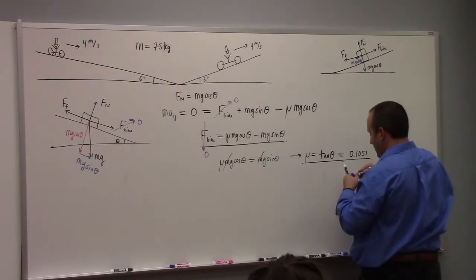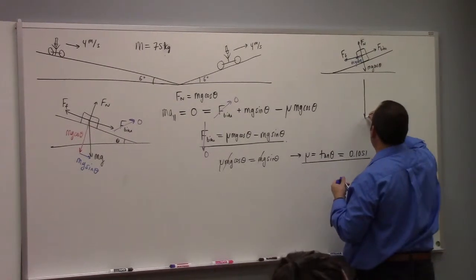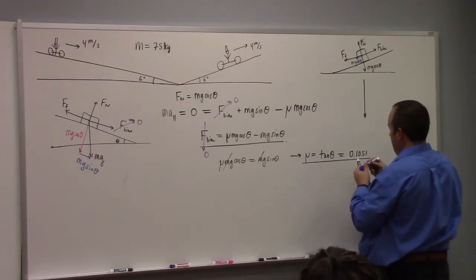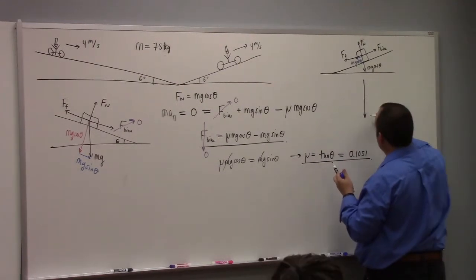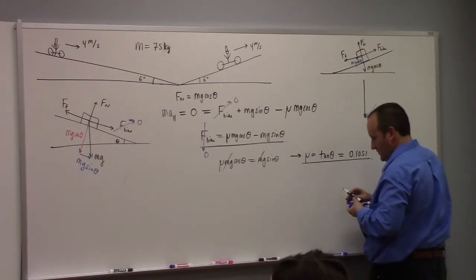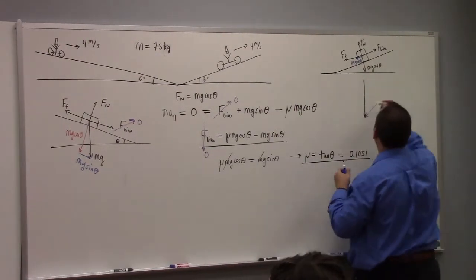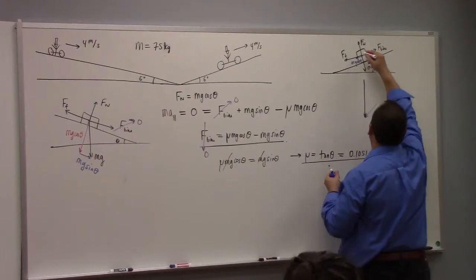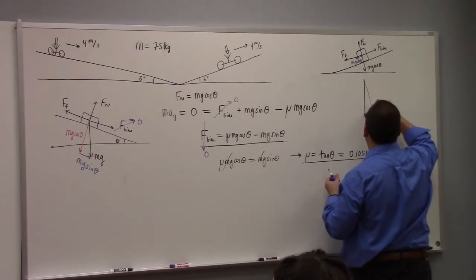If I draw gravity again, gravity looks like this. It's got this piece and this piece.